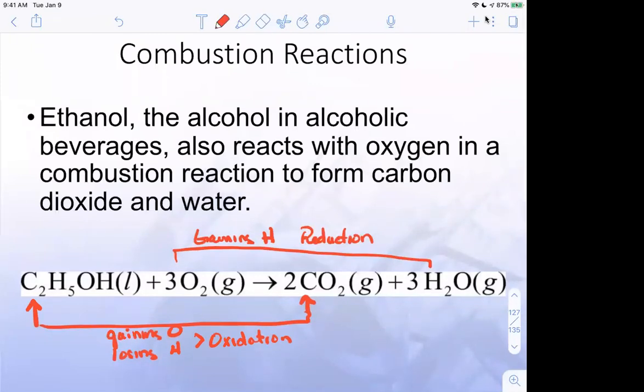And this is what you're going to notice if you take organic chemistry as well. Now I could go through this and assign oxidation numbers to every single element and I would get the same result.